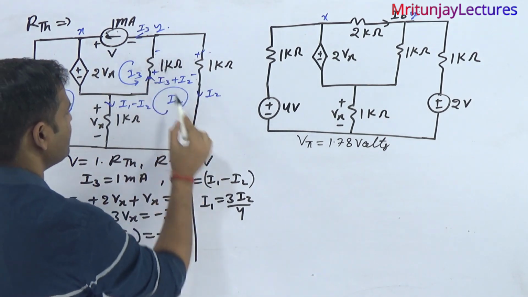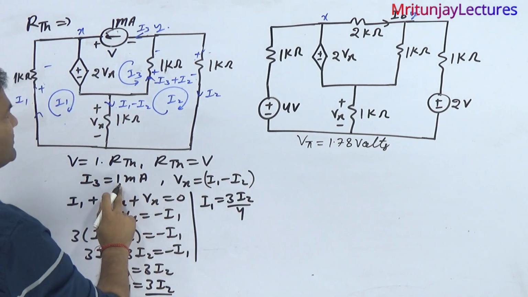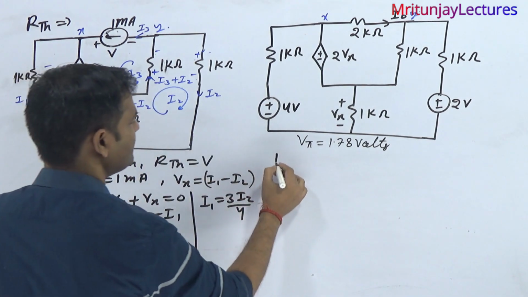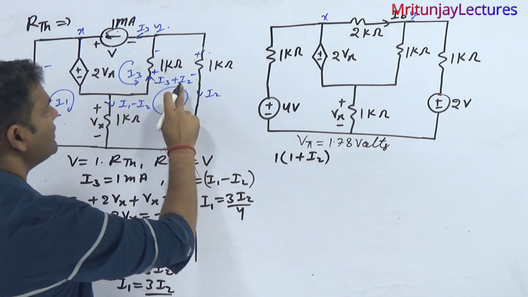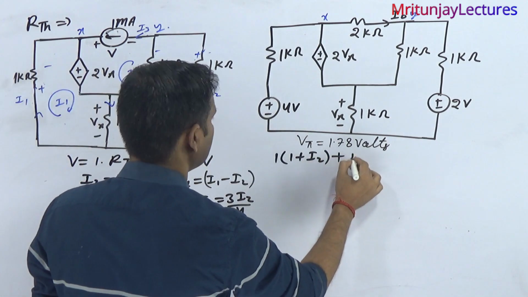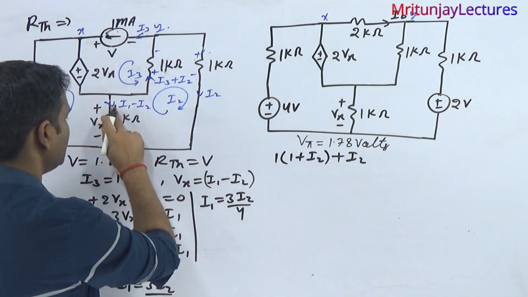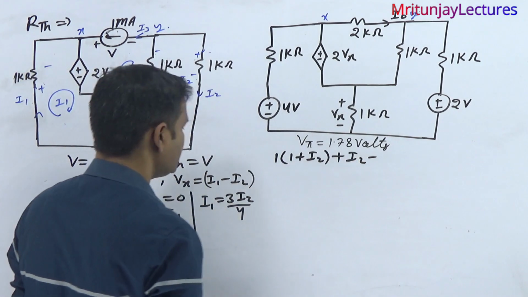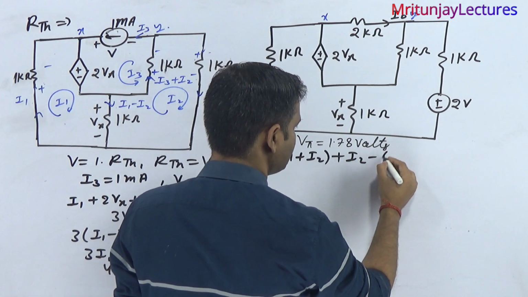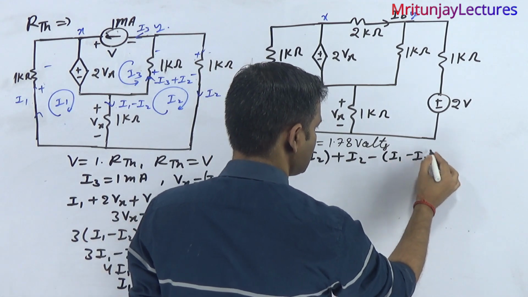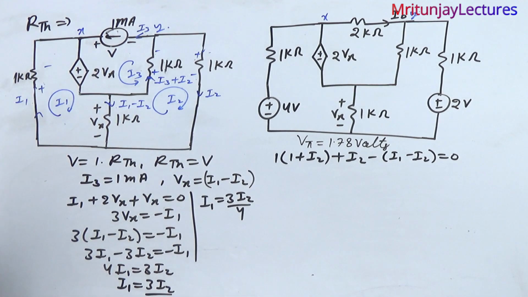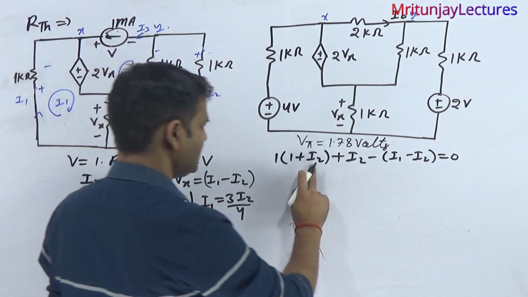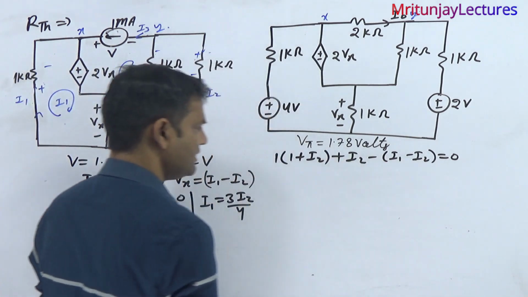Okay, plus to minus: I3 is 1 milliampere. So 1 into I3 is 1. So 1 into I2, plus I2 minus 2 plus minus (I1 minus I2). This will be equal to 0. Okay, clear or not? I2, I2, I2, that is 3I2.